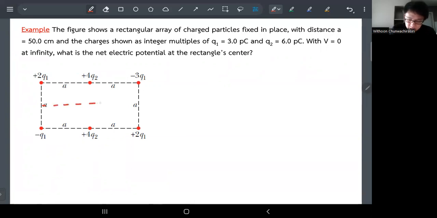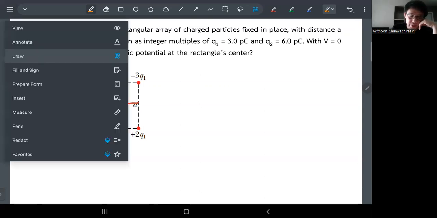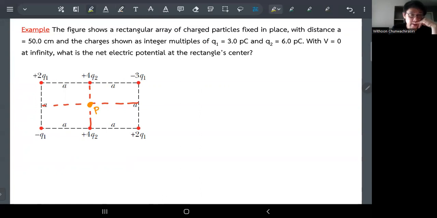So let me draw this. Line of sight allows us to locate. Let me call that center point P again as usual. Now let's see what we can do here. Now we can do things very quickly, because by inspection, can you see that the charges at the corners are at the same distance from point P?